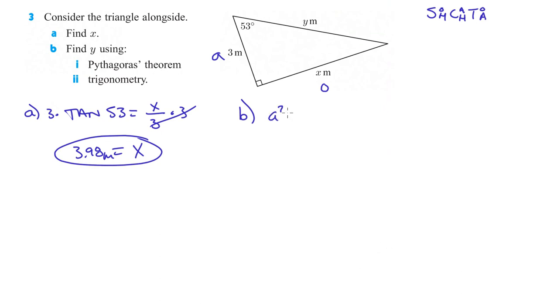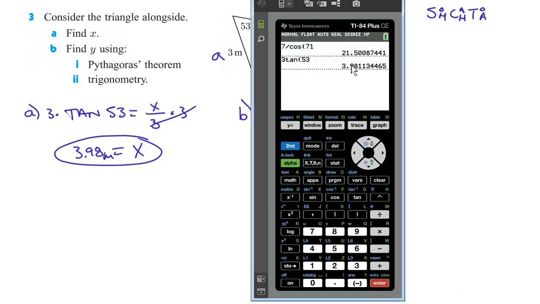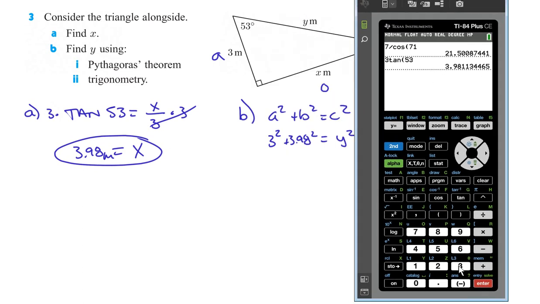So that's our a squared plus b squared equals c squared, right? The c is the part that we don't know, so we'll leave that as y squared. A we know is 3 squared, and then we can call this b, which we just figured out is 3.98 squared. 3 squared is 9, and 3.98 is basically 4, so 4 squared is 16.